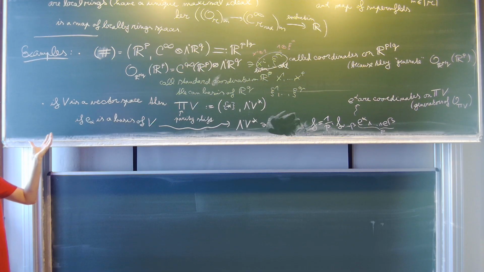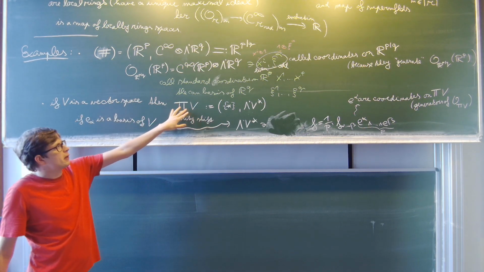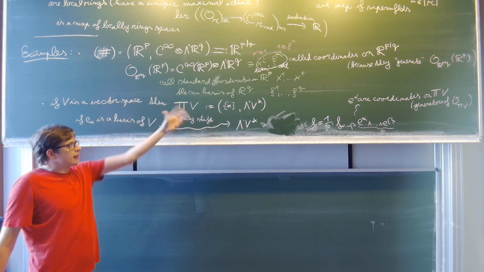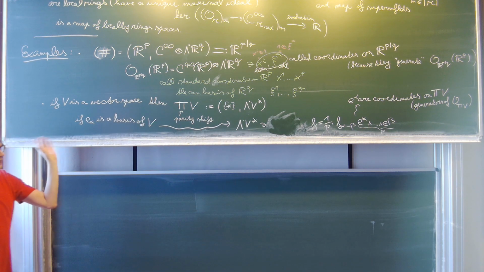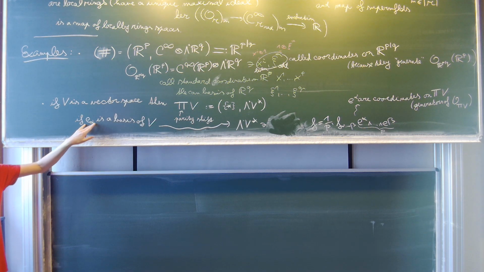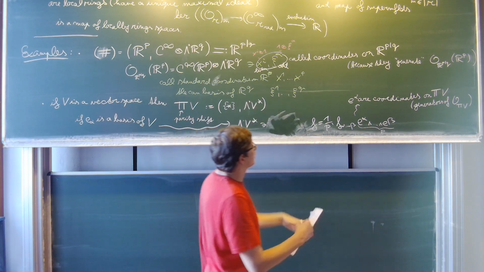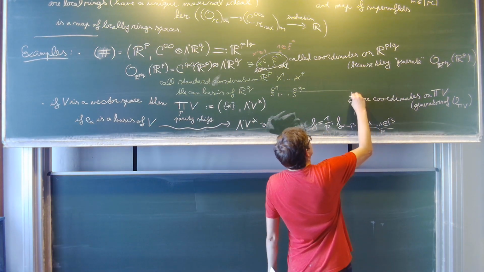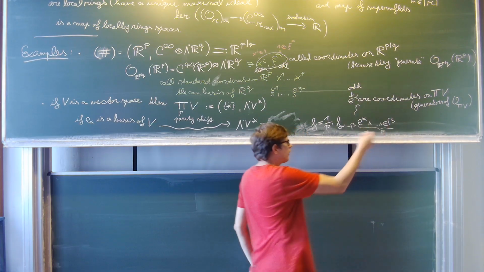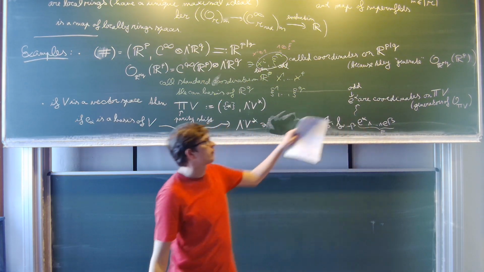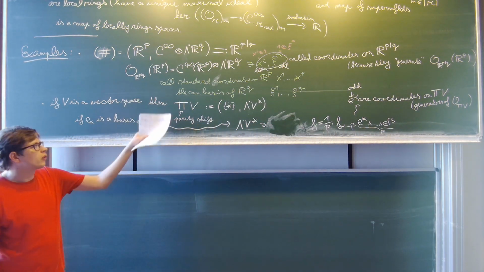So you have an ordinary manifold with a bunch of coordinates. What you are doing with this parity shift is taking a manifold which has the same coordinates, at least they look the same, but they are now odd, because they live in this wedge 1 V star. That's why they anti-commute, which corresponds to the wedge in here. That's why I call it the parity shift.